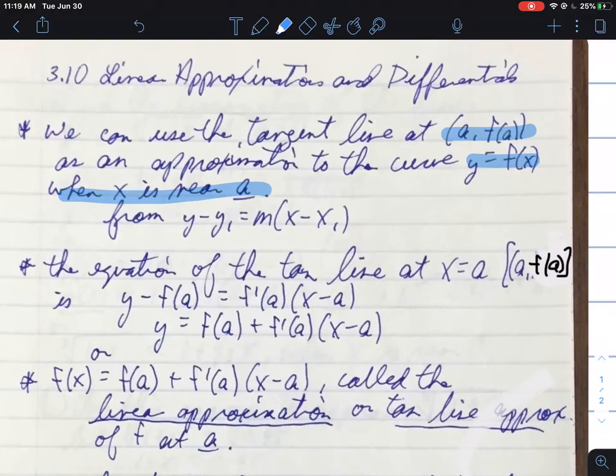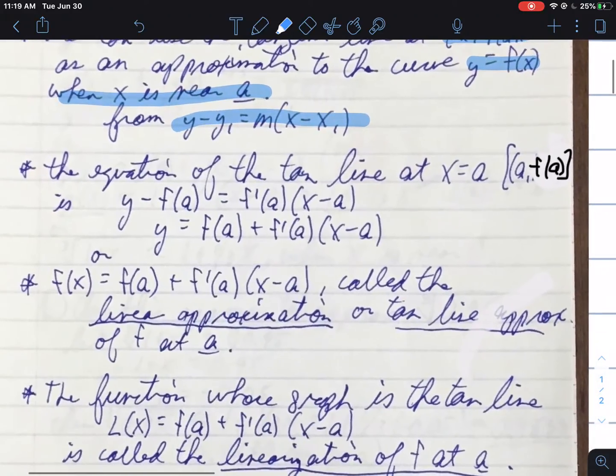So let's go with notation first of all and some language. From our equation that we've used before to write the equation of the tan line, that's one of the reasons I prefer this equation, y minus y1 equals m times x minus x1, that point slope formula.